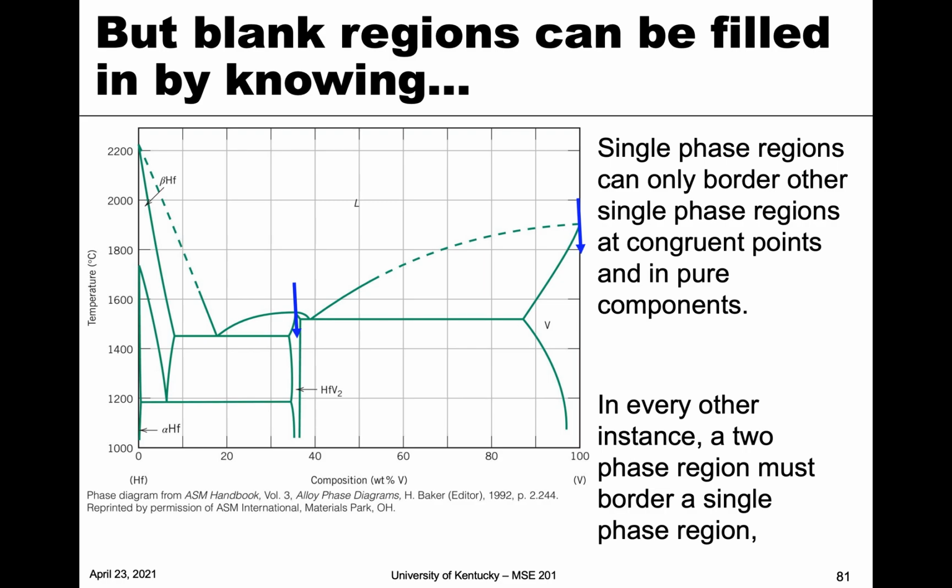And so we can label them because we know single phase regions can only be bordered by other single phase regions at congruent points. So what we mean is that we saw that, let me go back.